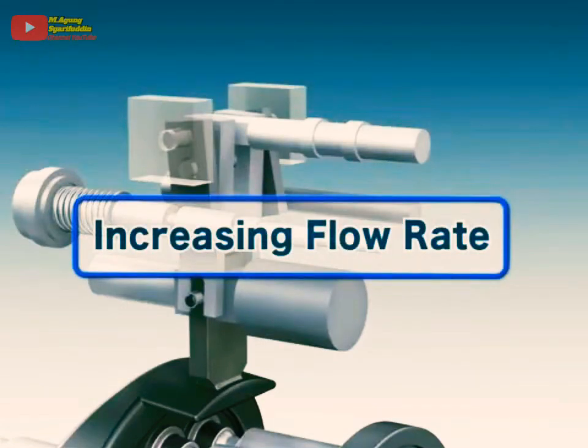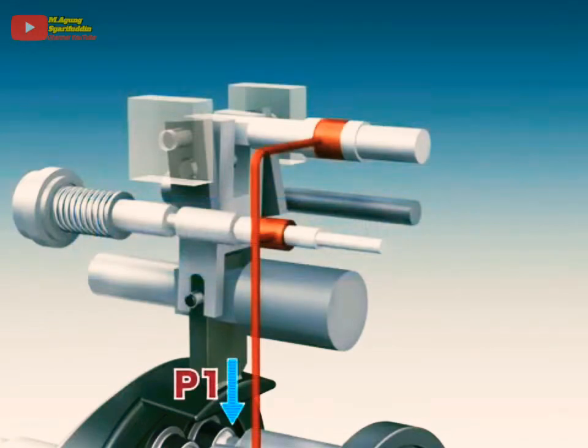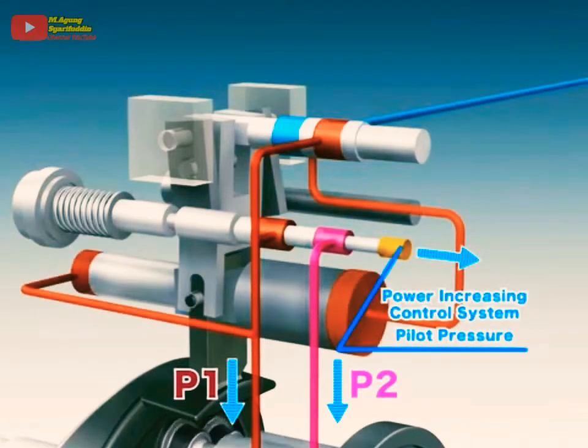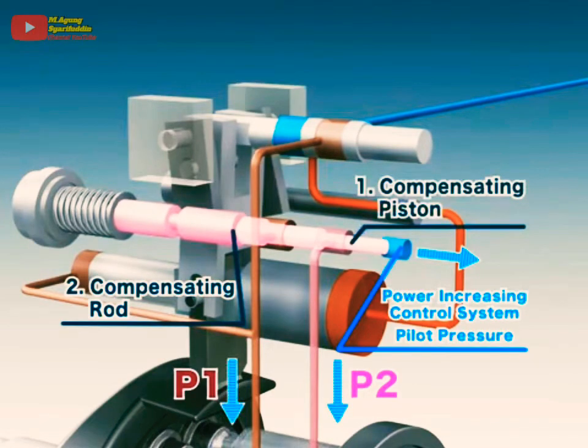Next, we will explain how the regulator increases the flow rate. When the delivery pressure of the pump P1 or of a companion pump P2 decreases, or when the pilot pressure is released by the power increasing control system, the compensation rod and piston are pushed back by their springs.